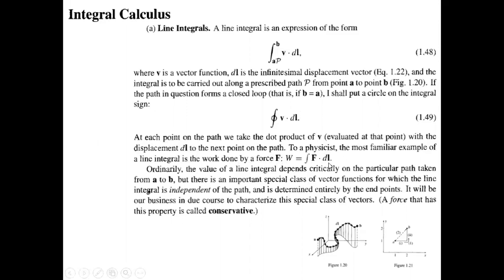But when F is not fixed across the whole line we're dealing with, we take an integral across the whole line, and then it is written this way. So it's from point A to B. And in the case of this example, like work, if the start and end points are the same, then we can write it this way.